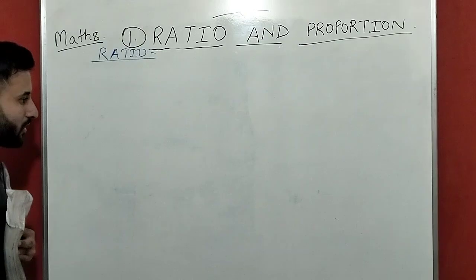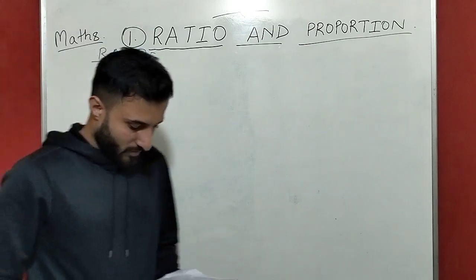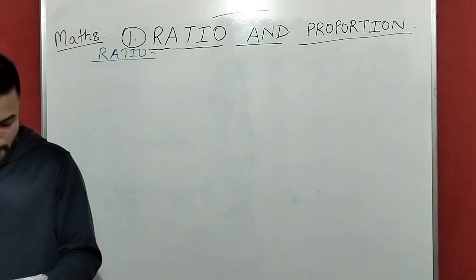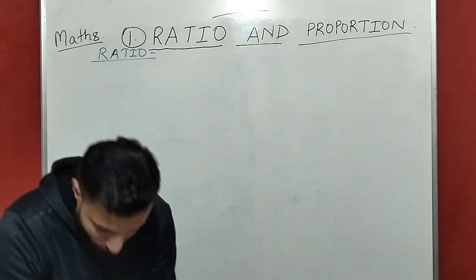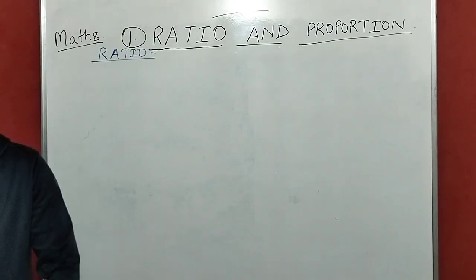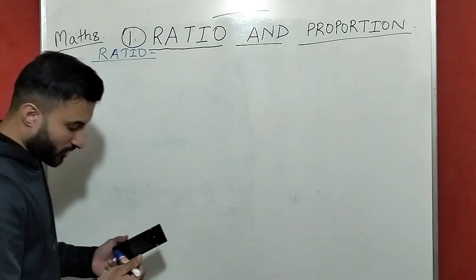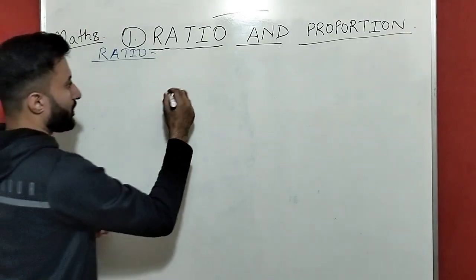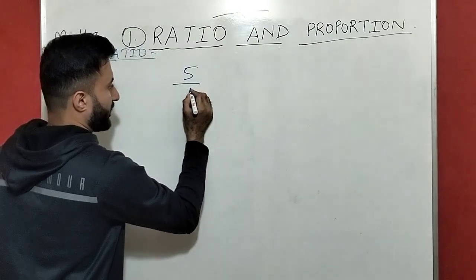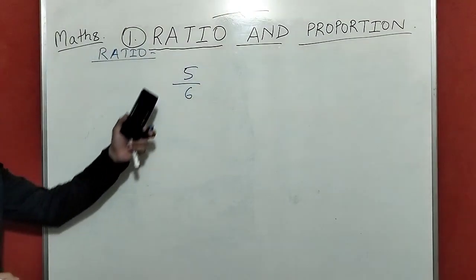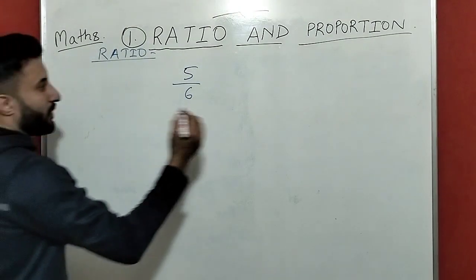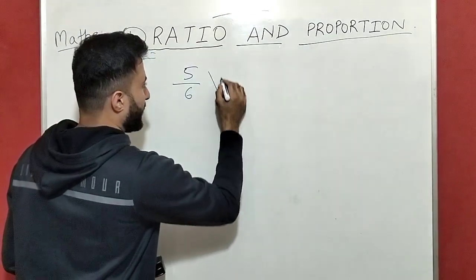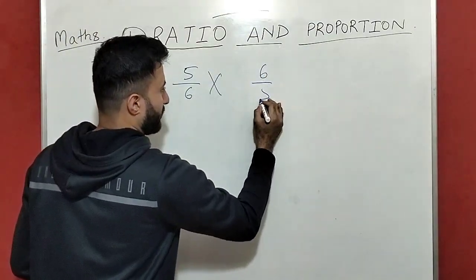Okay, so here a few more things we have to understand. See, if the ratio is 5 by 6, we cannot write it as 6 by 5.